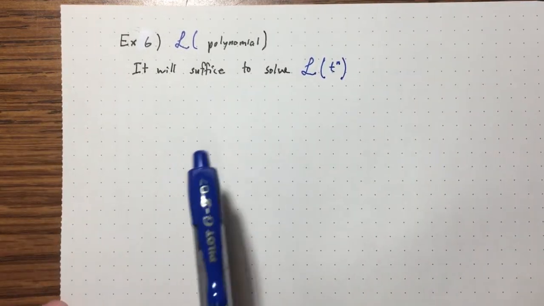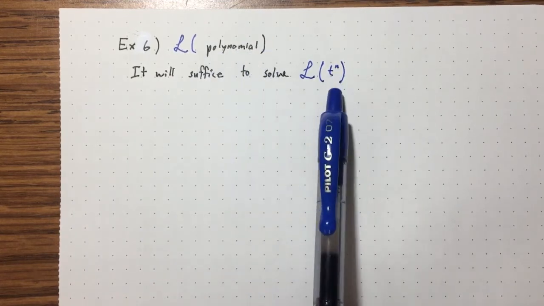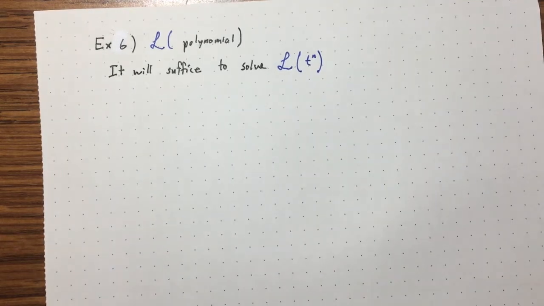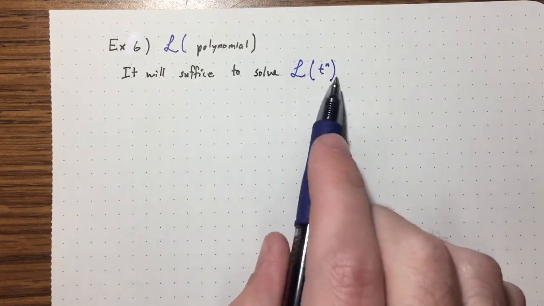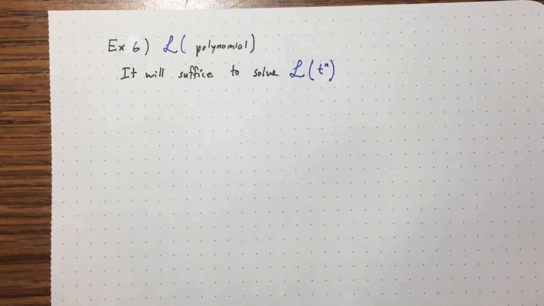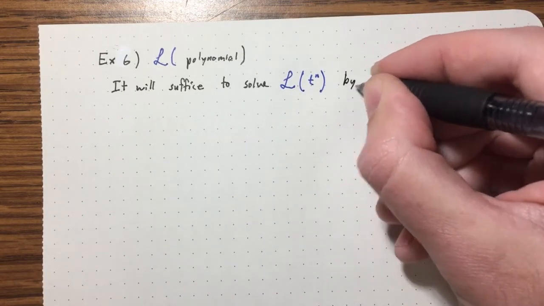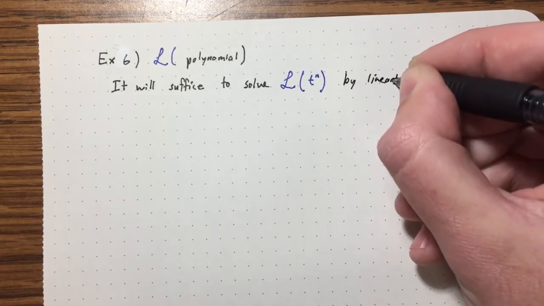That's because a polynomial is just a sum of powers of t, possibly with coefficients. But by linearity, we can split that sum into all of its pieces and then take out the constants. So we only actually have to calculate things like this. So this is by linearity.